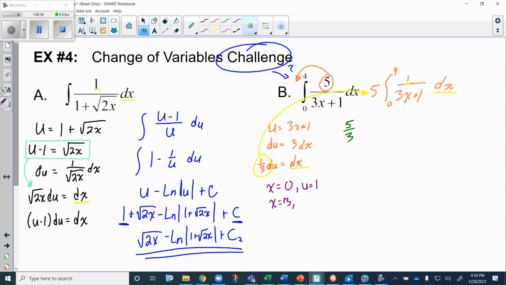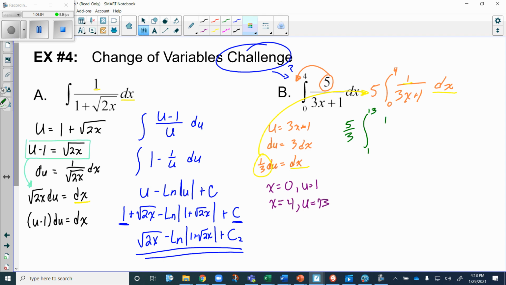Yeah, 4. I don't know where I'm getting a 3 from. That would be a 13. There we go. Oh, golly, let me clean it up. So u will equal 13. All right, back to the green here. Now I have my new interval from 1 to 13.